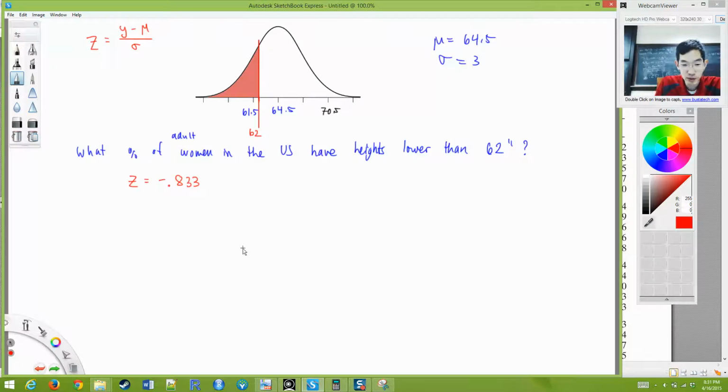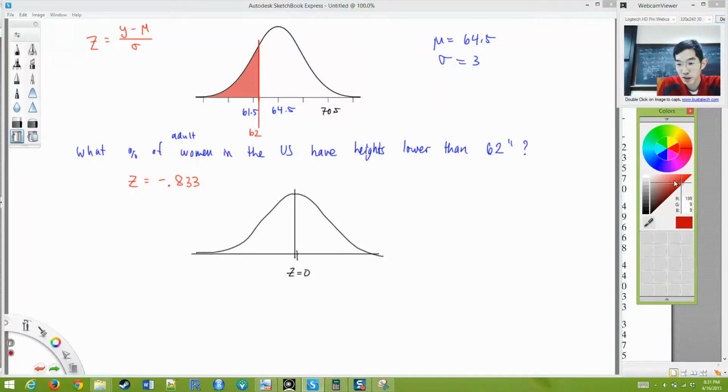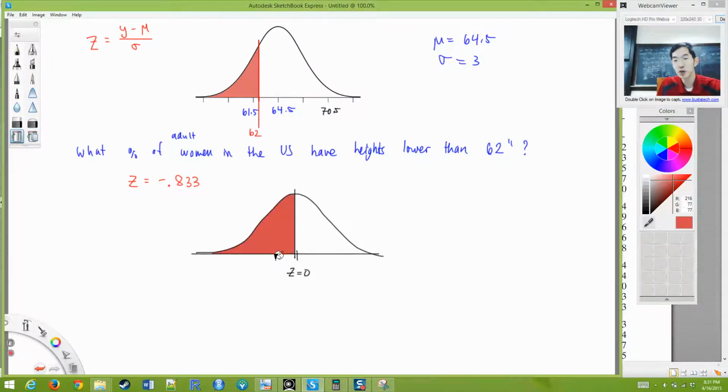So I'm going to draw the ugly one with my own drawing skills here. If I draw a normal curve here, and I have z equal to 0, and I shade in everything over here, how much would I have shaded in if my picture were good? This should be 50%, right?